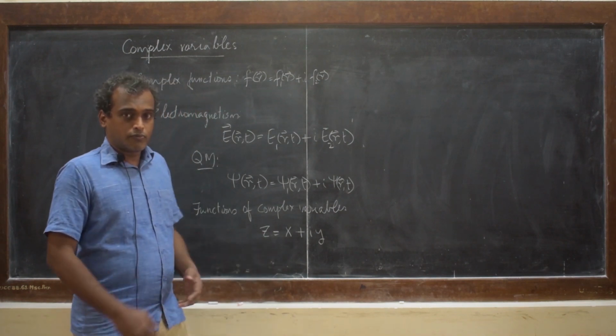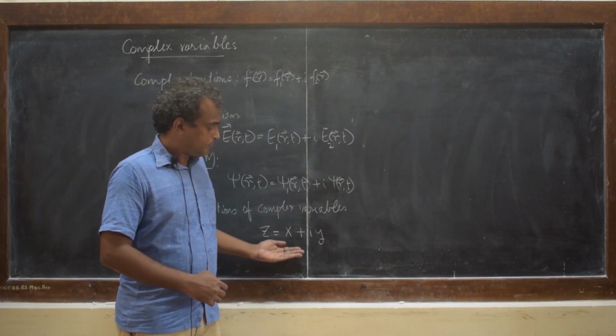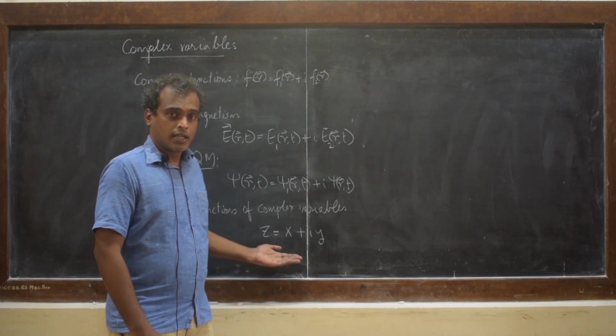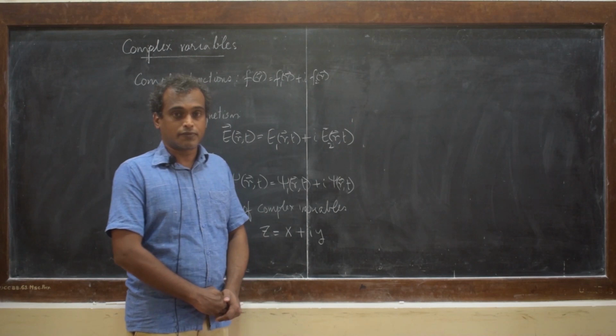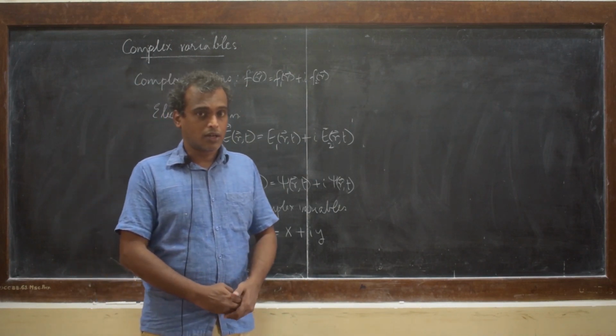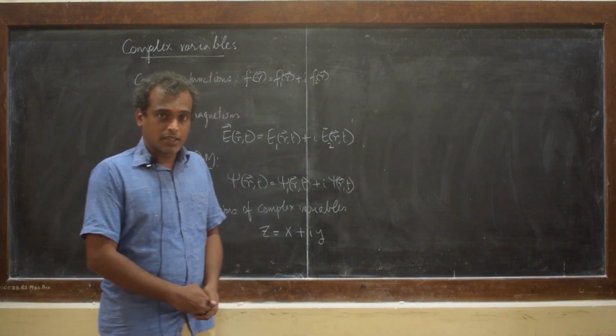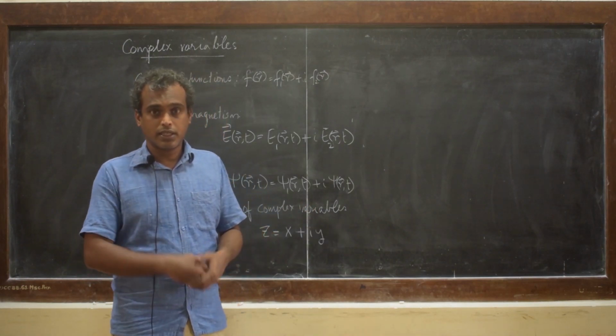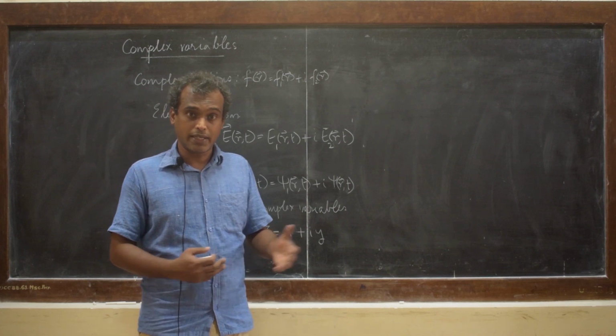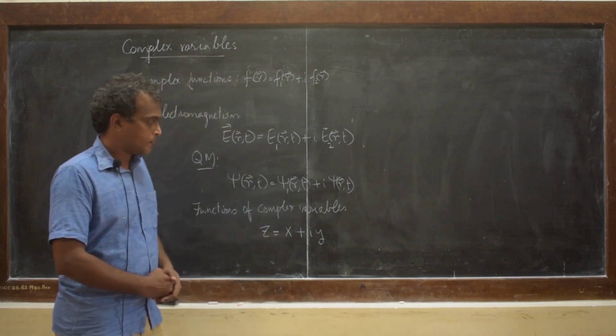It is also worth mentioning that the places where we make use of functions of complex variables in physics are not so often when we study points on a plane, but in cases where we study points on a line itself.